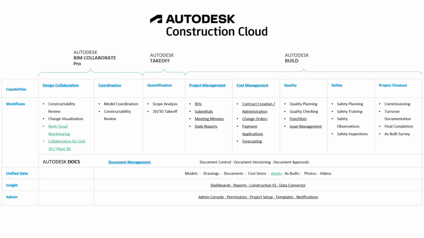Into the ACC platform. And just to let you know, it is unlimited storage. You can control document settings, document versioning, and document approval. I would like to highlight document versioning.